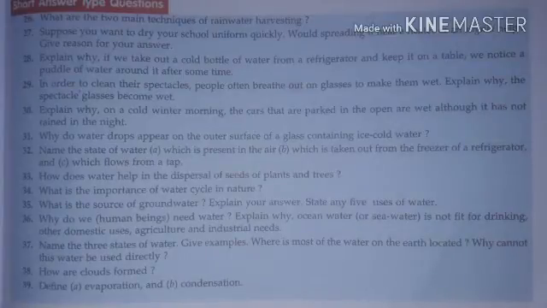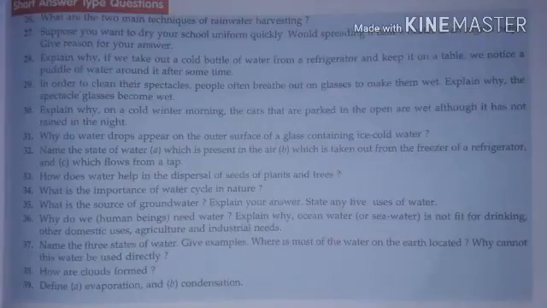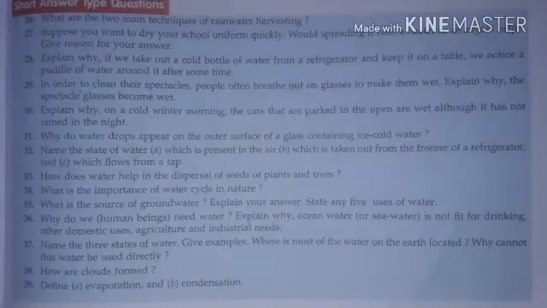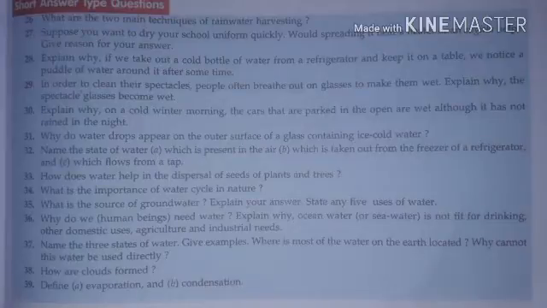So a little water vapor is there, and whenever you blow on the spectacle glass, then what happens? When compared to the water vapor, the spectacle glass is cool, so because of the coolness of the surroundings, the vapor condenses, means because of condensation it forms water on the glass, so that you are able to clean it. That is the reason behind that.